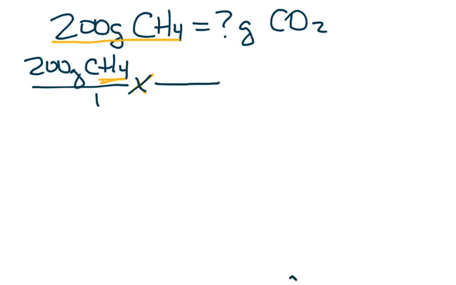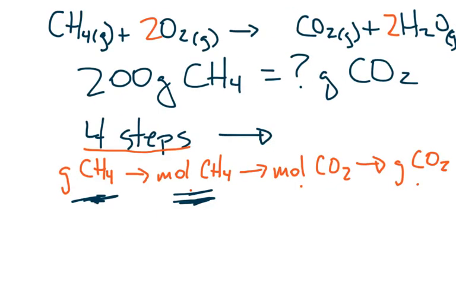There's 1 mole per 16 grams. Okay, so now I can cancel out grams. Alright, so now the second step is to go from moles. We've done this step, this is step 1.